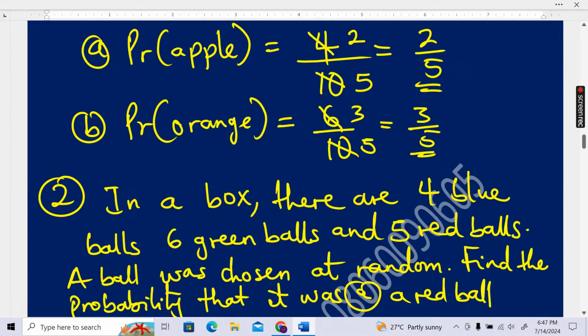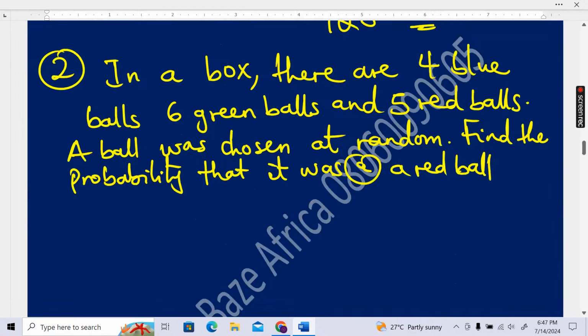In a box, there are 4 blue balls, 6 green balls, and 5 red balls. A ball was chosen at random.